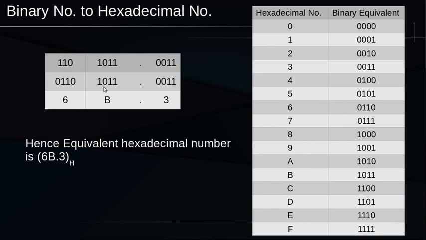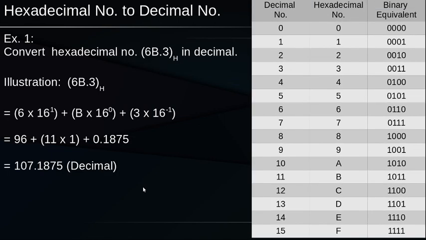And for 1, 0, 1, 1, we find B, so we write B. And for 0, 0, 1, 1, we find 3, so we write 3. So 6B3 is hexadecimal equivalent of this binary number. Nice, very nice.